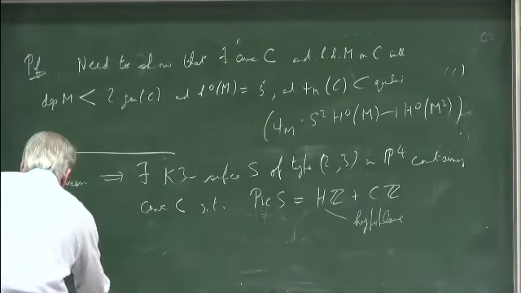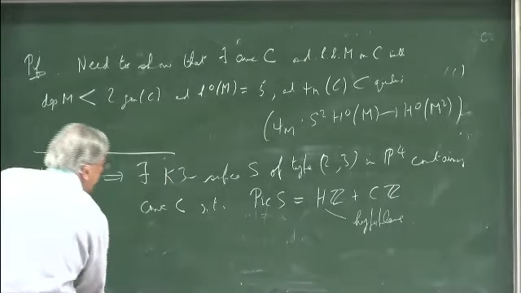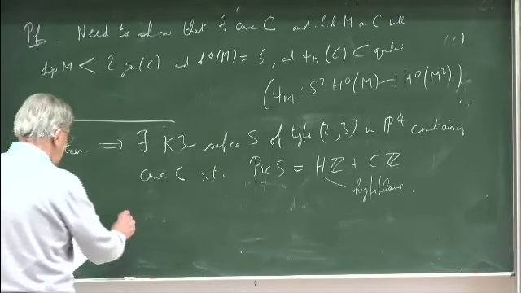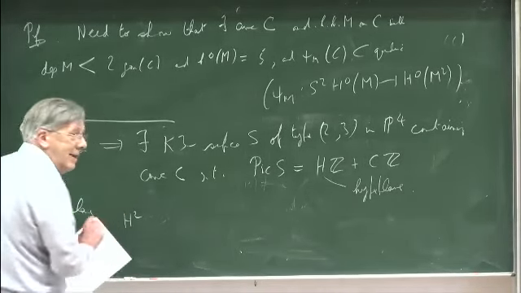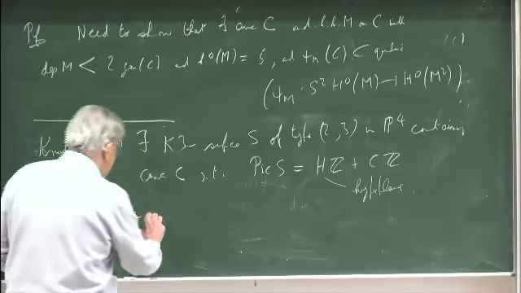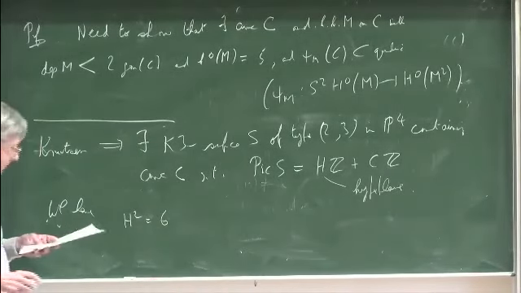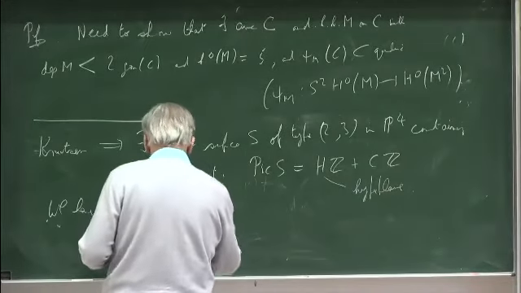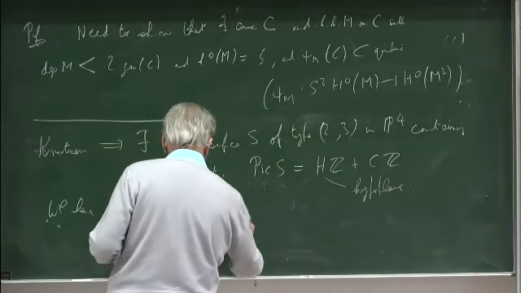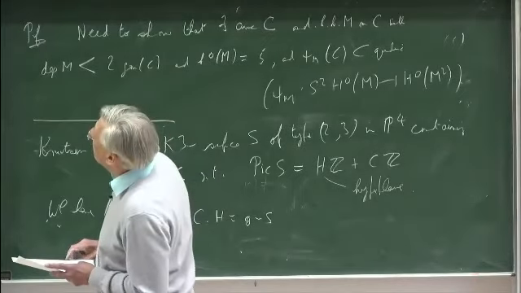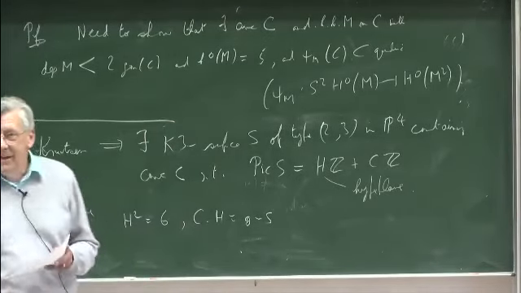And we have, following on from that, just what are the relevant intersection numbers. Virtually the whole thing is a matter of calculating intersection numbers. H squared is certainly 6, the intersection of a quadric and a cubic. C dot H is g minus s, because that's what we said the degree was.